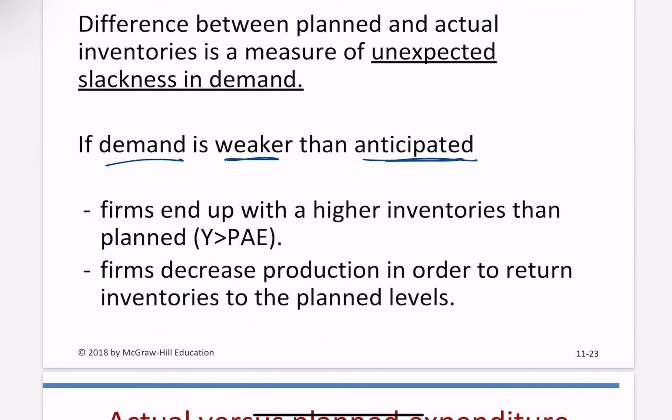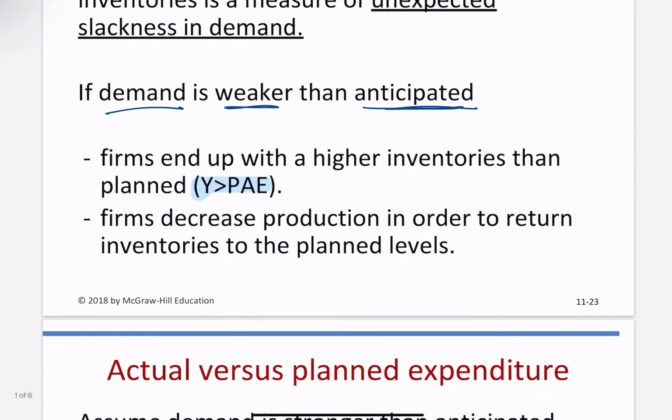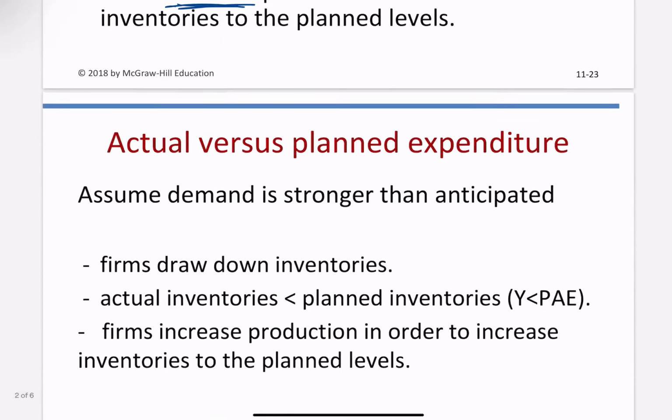So this is your actual is greater than your planned, which is shown right here in that formula. And then firms will decrease production. This is very important, that you know what the firms are doing. The firms are decreasing production in order to return inventories to the planned levels. So your firms are having to decrease that production to get back to the planned levels.